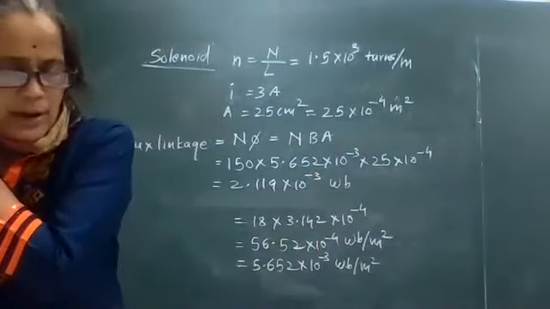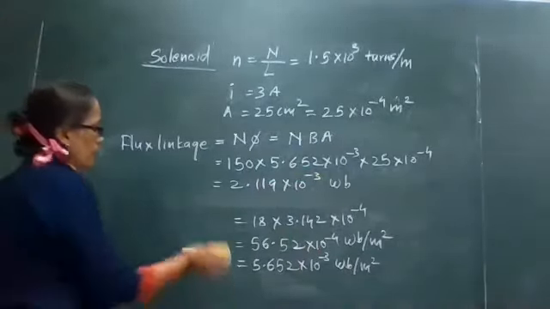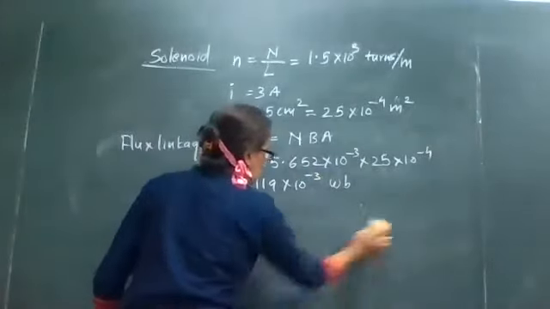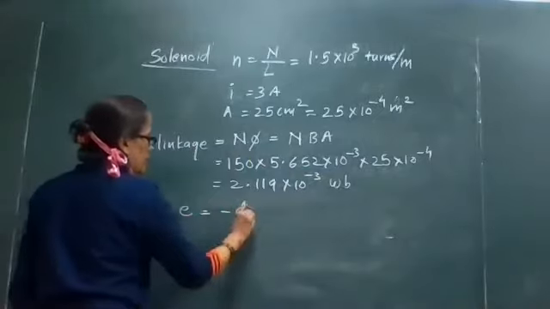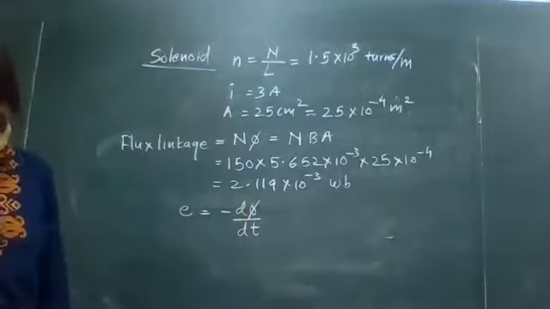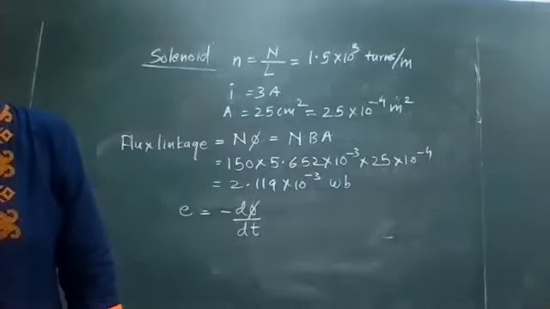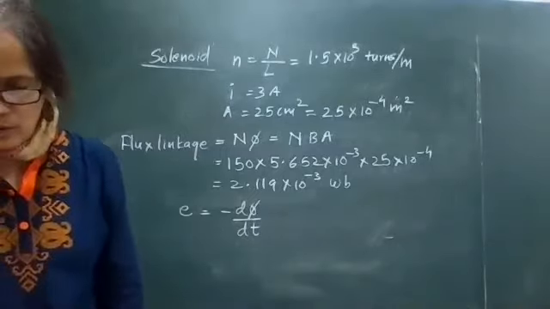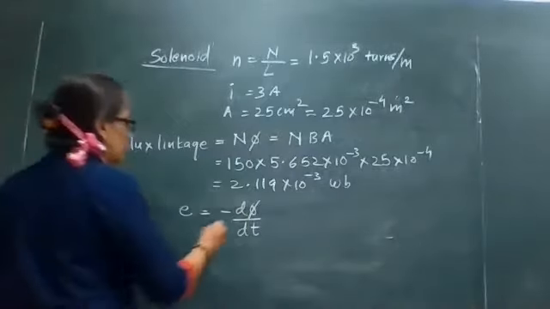And now you have to find out the EMF. So now Lenz's law, again EMF is equal to minus d phi by dt. But in this problem, if the current in the solenoid is reversed in direction in a time of 0.5 seconds, so your current direction is reversed. So the factor 2 will come here.